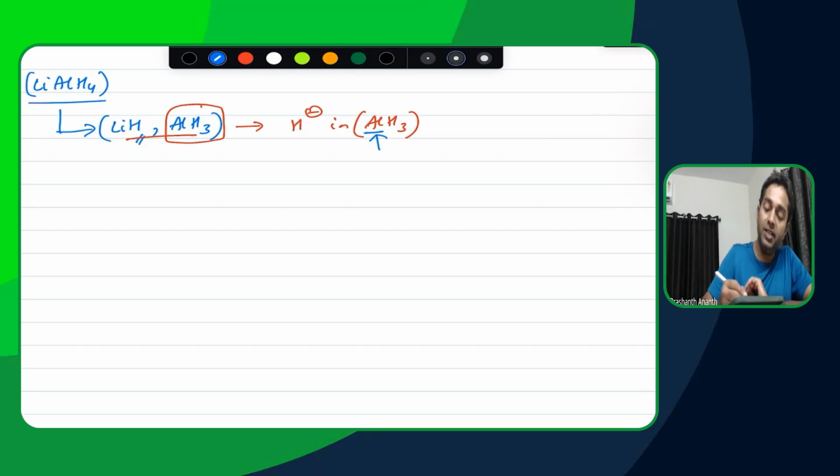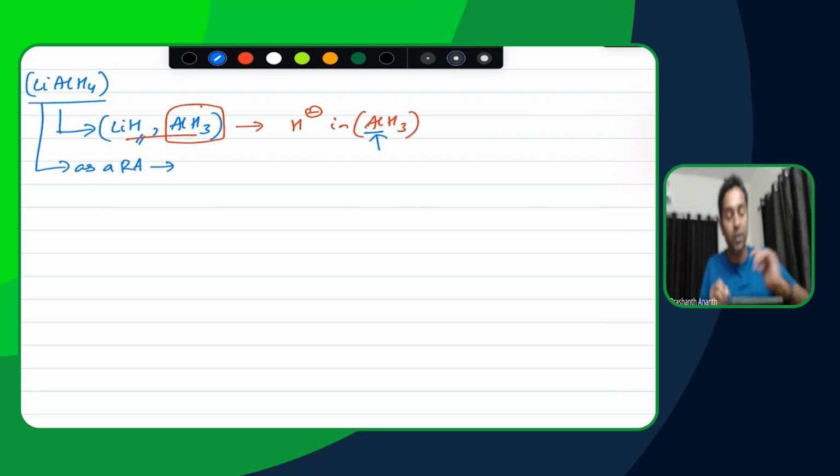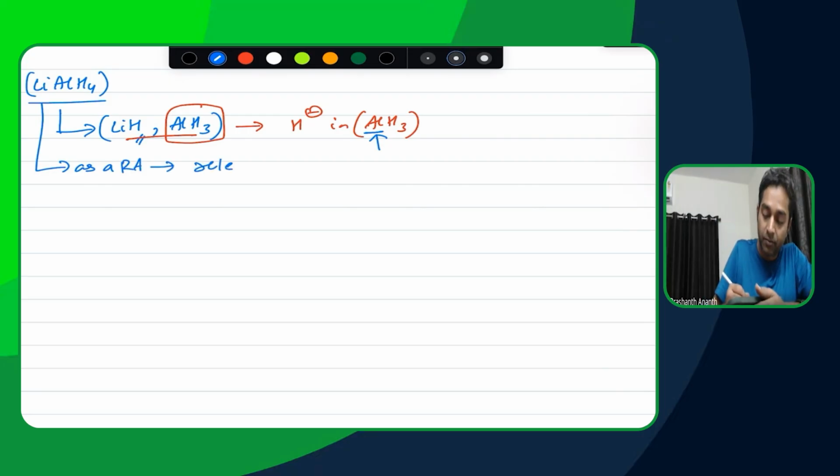Because when it is behaving as a reducing agent, this fellow has to release H minus, and that H minus should go attack as a nucleophile.